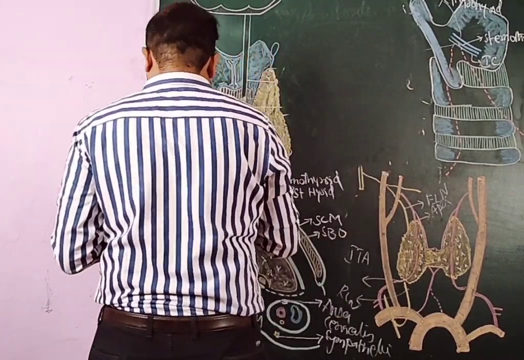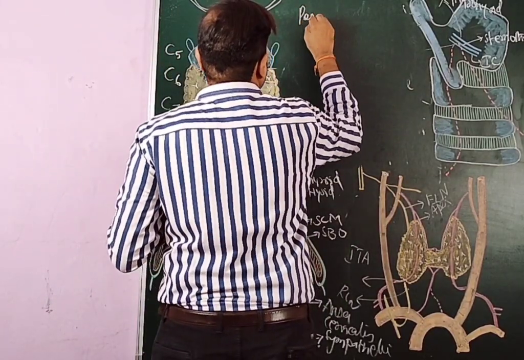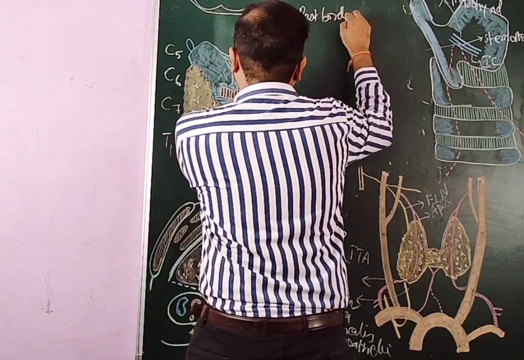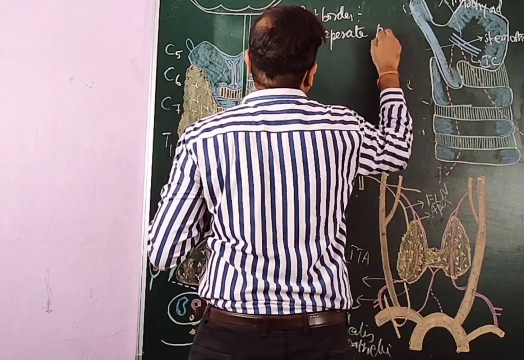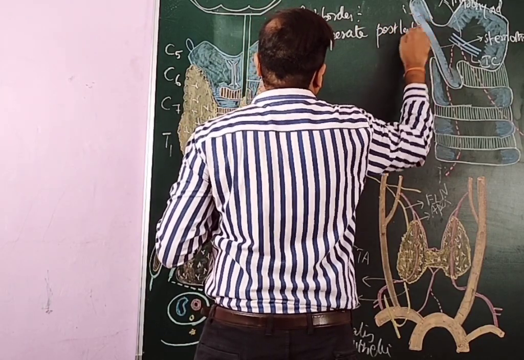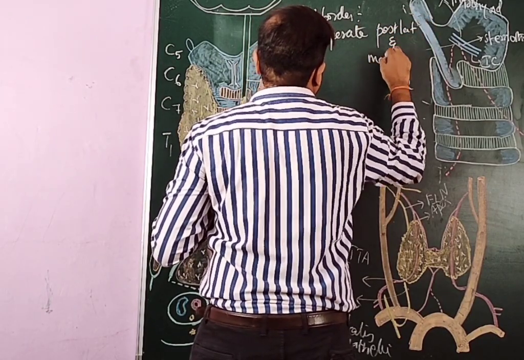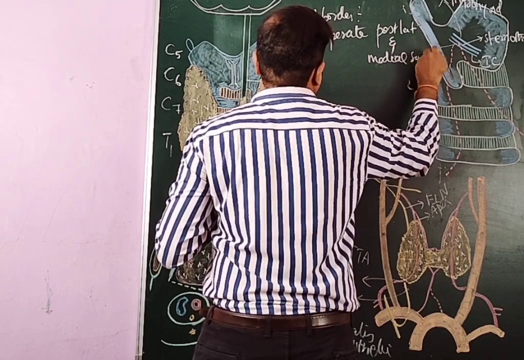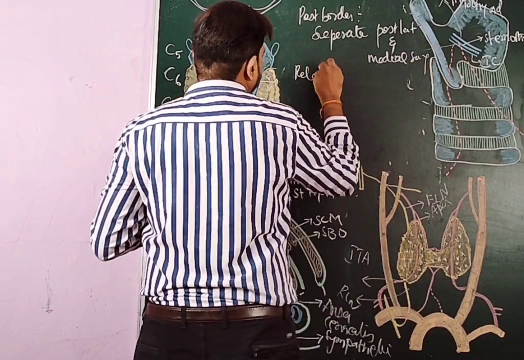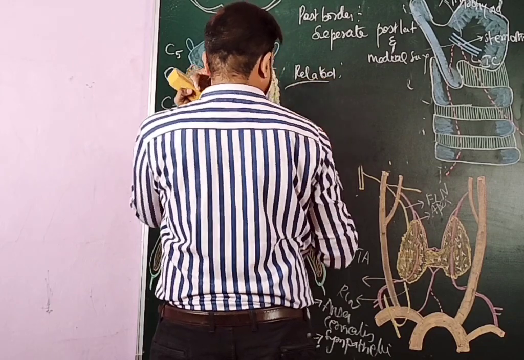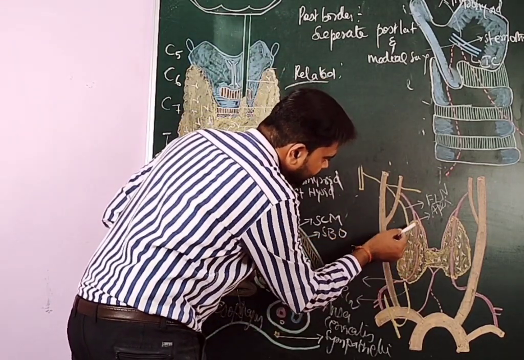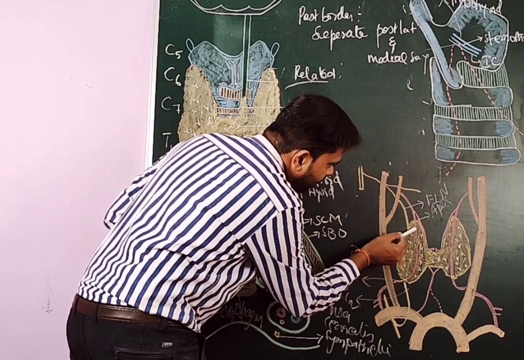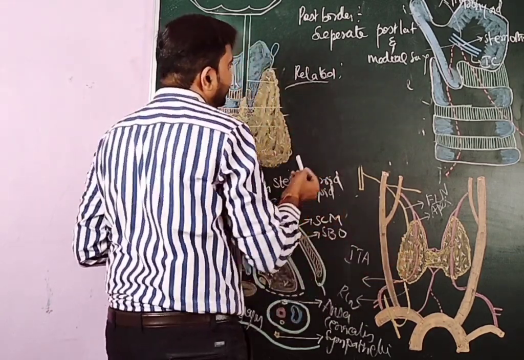This posterior border is going to separate the posterolateral surface from medial surfaces. It is related to the anastomosis of, you can see this is the posterior border, there will be anastomosis of superior thyroid artery and inferior thyroid artery.